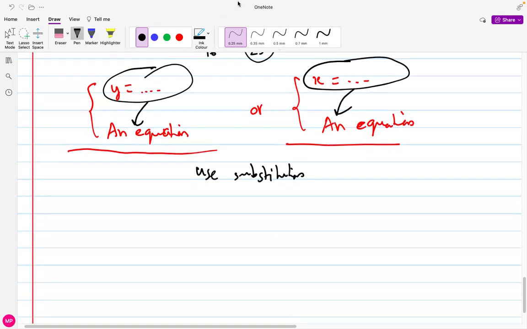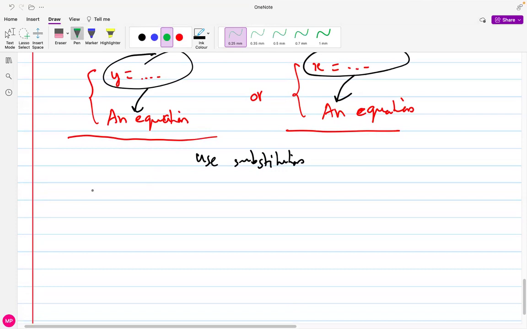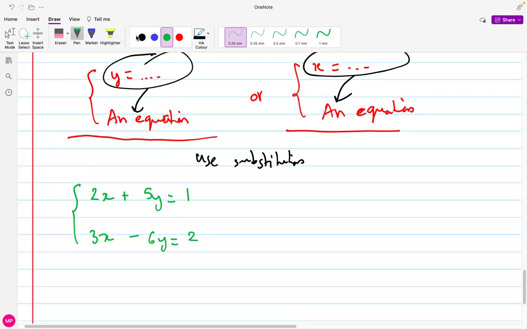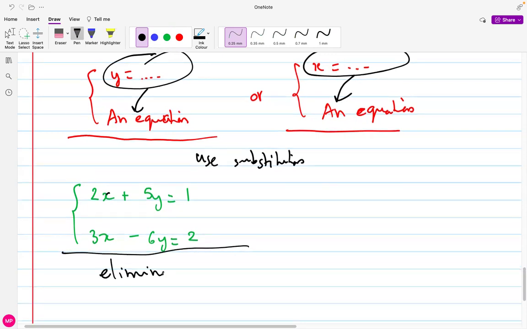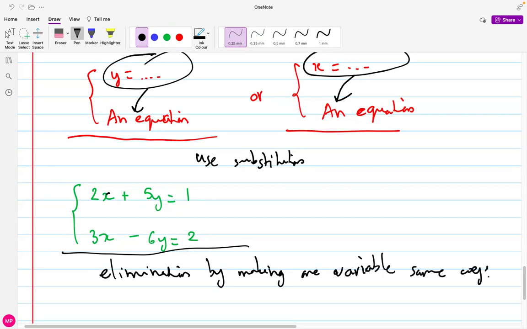So that's called substitution. And if you ever see something like 2x plus 5y equal 1, and 3x minus 6y equal 2, something that's difficult to substitute and has nicely arranged x, y, and the number, then this one you're going to do the elimination method and eliminate by making one variable the same coefficient.